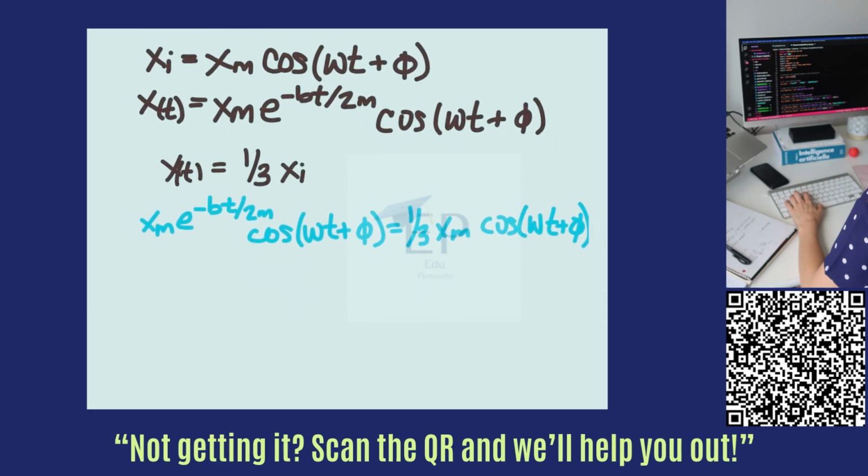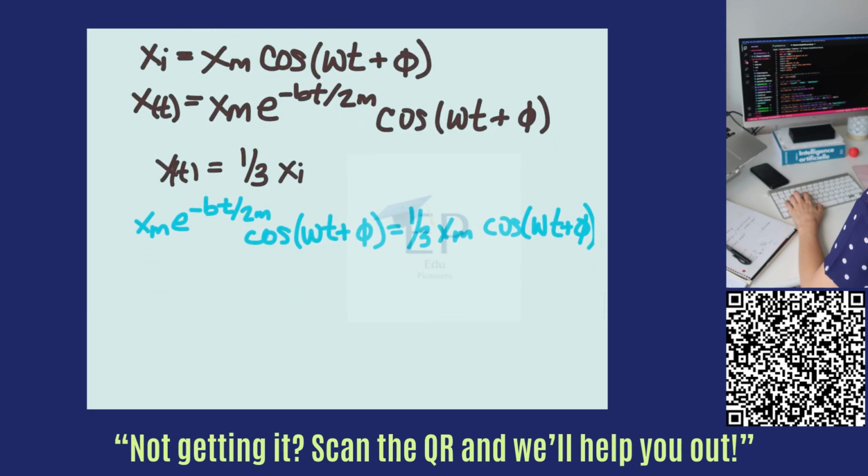So they're now equal to each other, and we can simplify these so that we would actually end up with a lot simpler e to the negative bt over 2m equals 1/3.